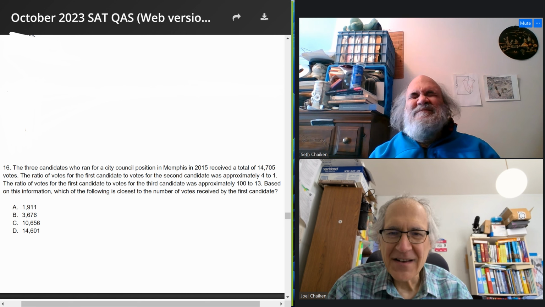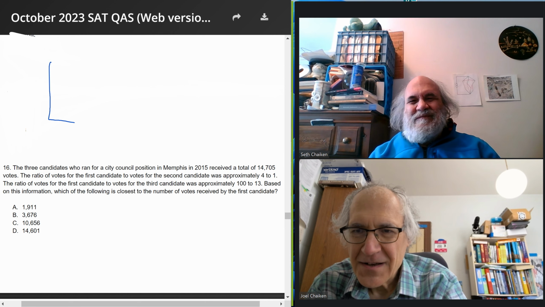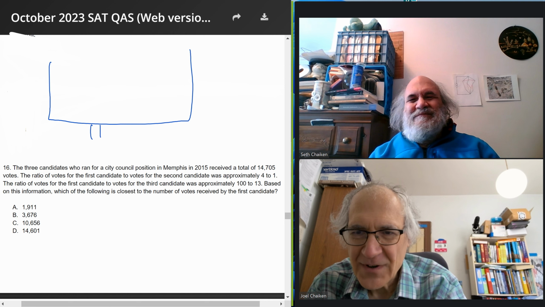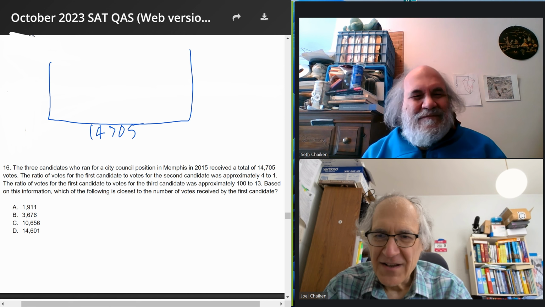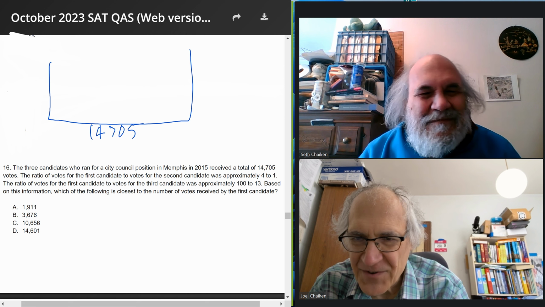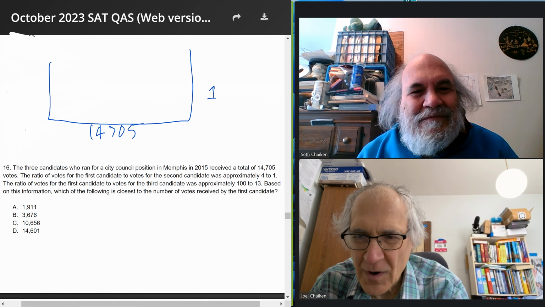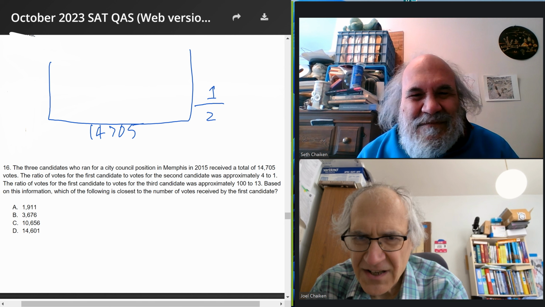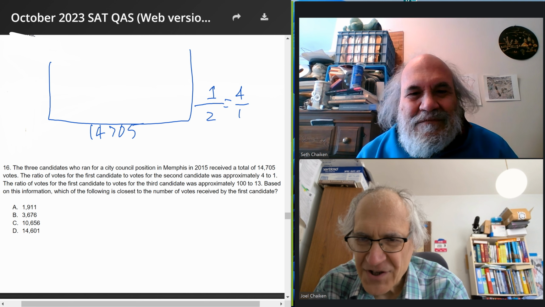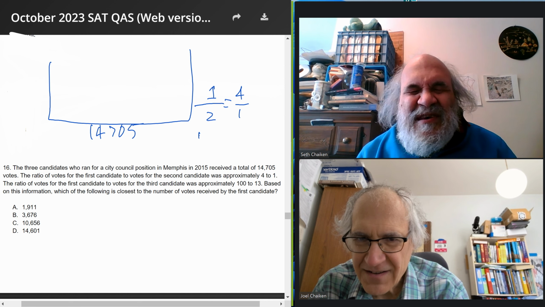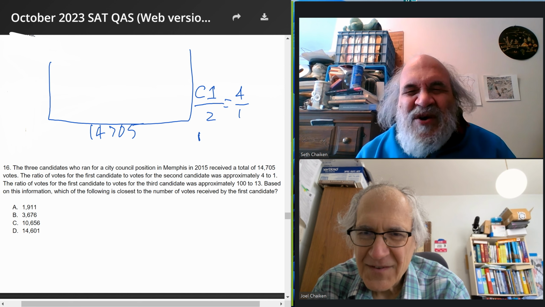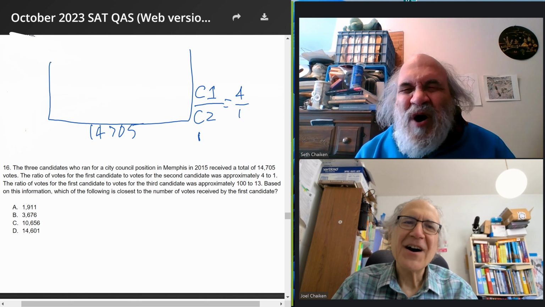First of all, I like to do a pot. And in the pot is 14,705. I don't know if that's going to help. But anyway, the ratio of candidate 1 to candidate 2 is approximately 4 to 1. The ratio of votes for the first candidate... Put a C. Candidate 1 should be named C1, not 1.